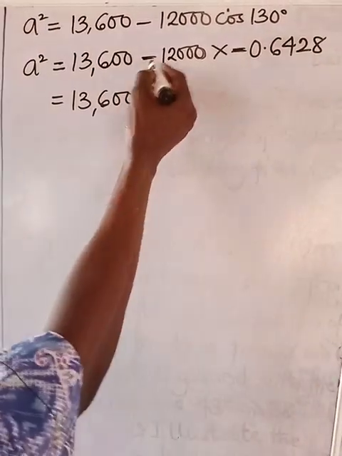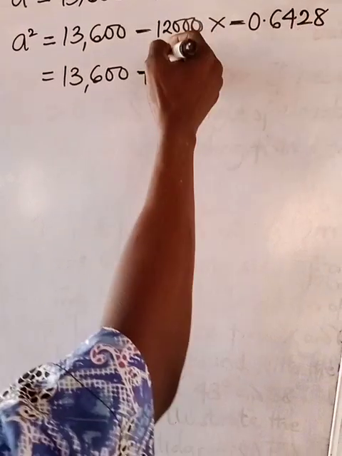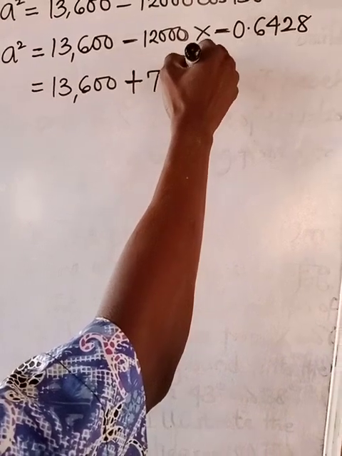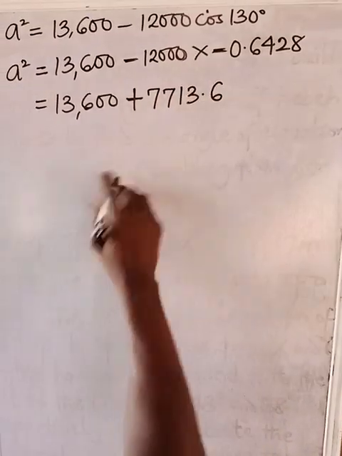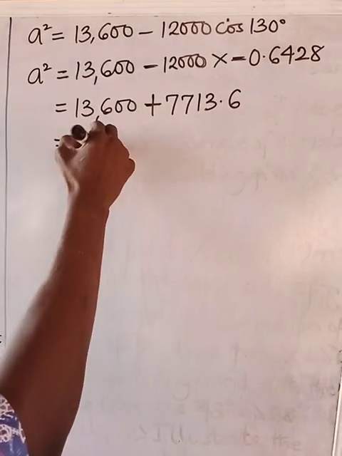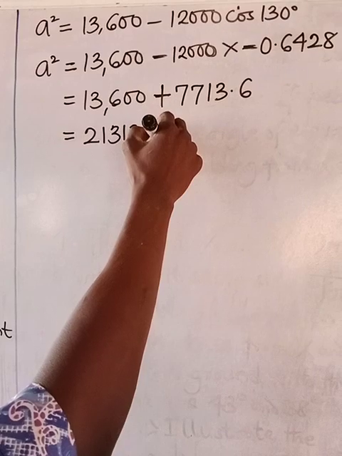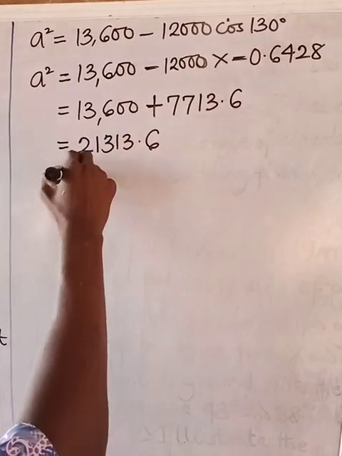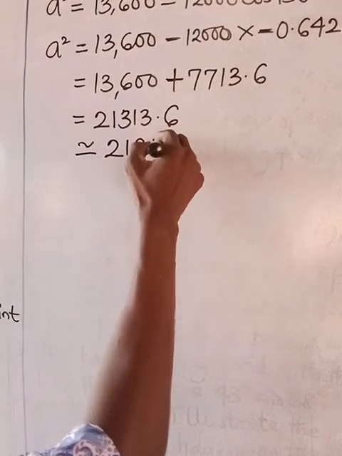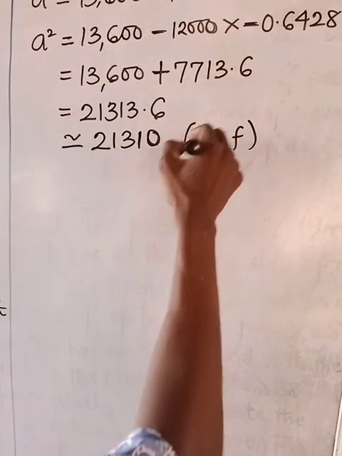Minus multiplied by minus will be plus, and 12,000 multiplied by this gives 7,713.6. Adding together, you have 21,313.6. To four significant figures, that is 21,310.